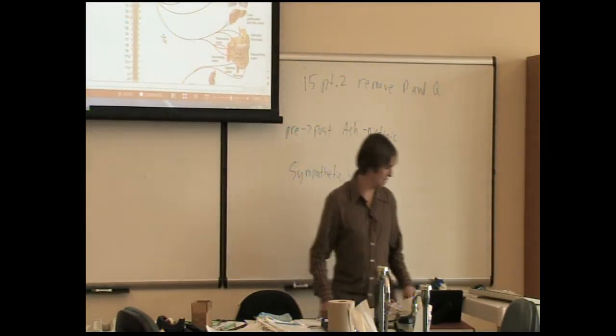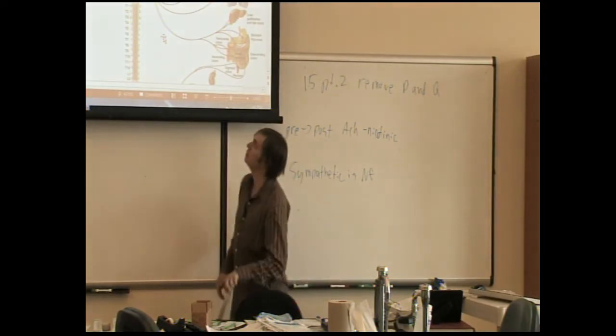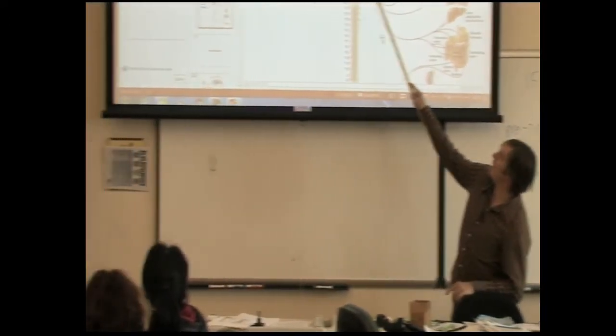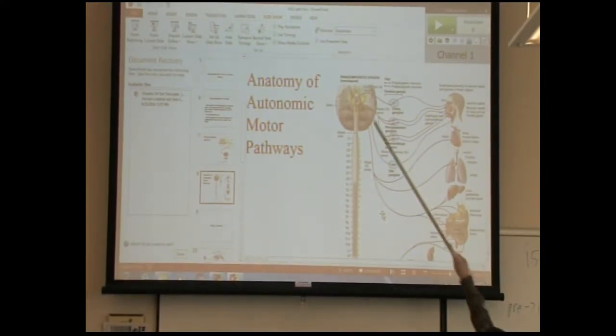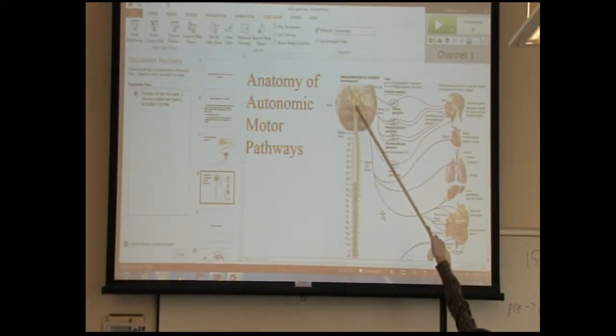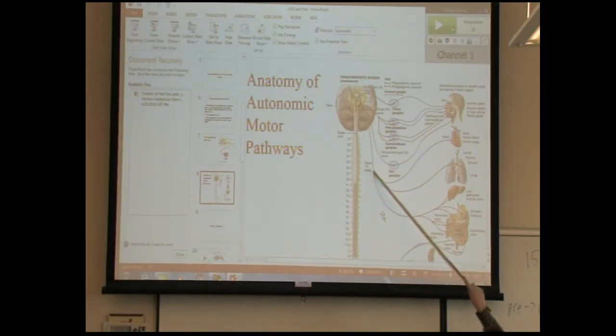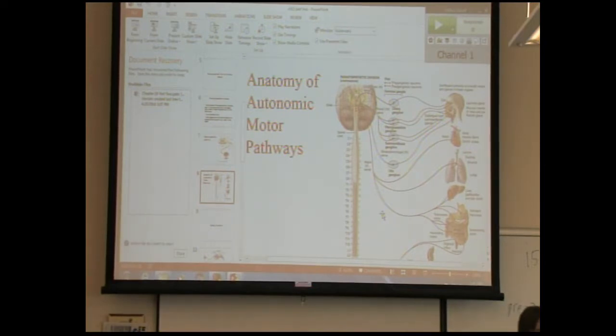So basically I'd say brain, brainstem, and then it's going to come through the vagus nerve to the heart. From the brain to the brainstem, through the preganglionic neuron, which goes as part of the vagus nerve, and then it meets the postganglionic neuron at the heart, basically.